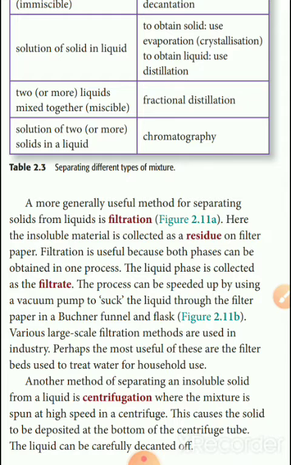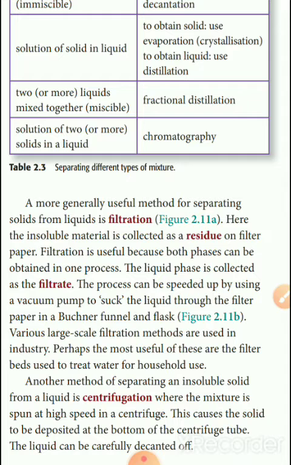The process can be sped up by using a vacuum pump to suck the liquid through the filter paper in a Buchner funnel in a flask. After you have passed the entire mixture through a filter paper, some crystals are left on the filter paper and the filtrate is separated. The solid residue staying on the filter paper might contain some moisture.